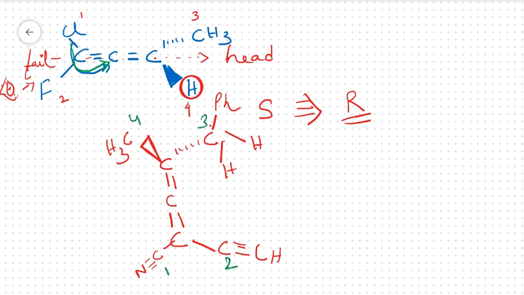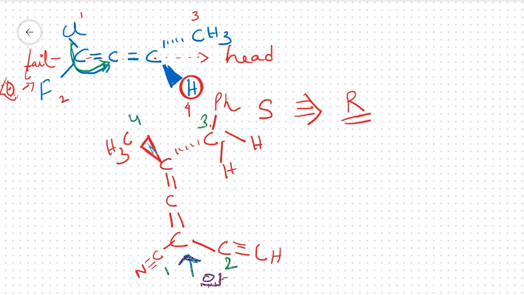Okay, so what I have told you is that we have to see from this side, because this is the head, the front part, and this is the rear part, but we have to see from this side. So how will it look? 1, 2, that's why we have done this priority order from this side.